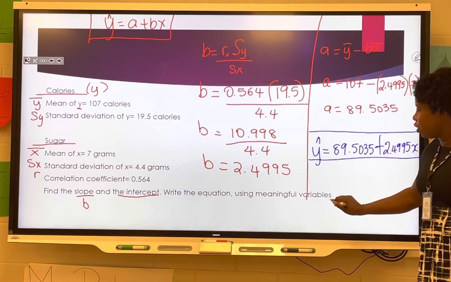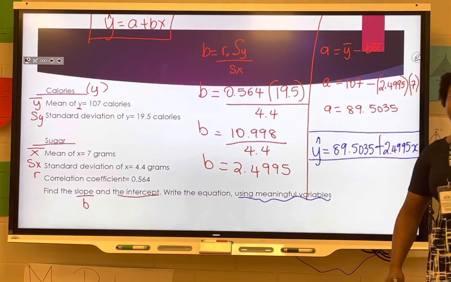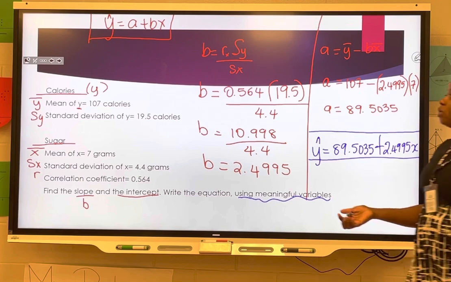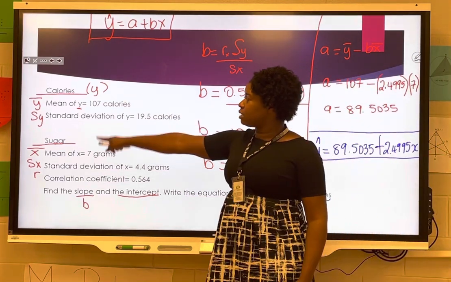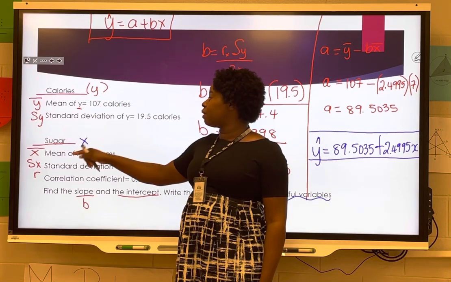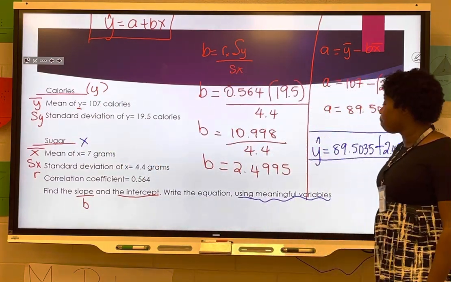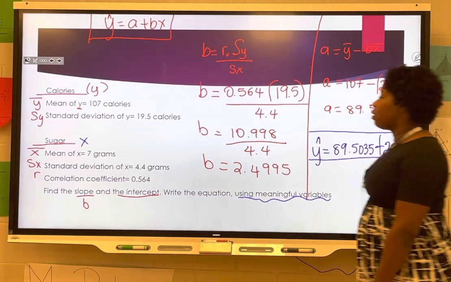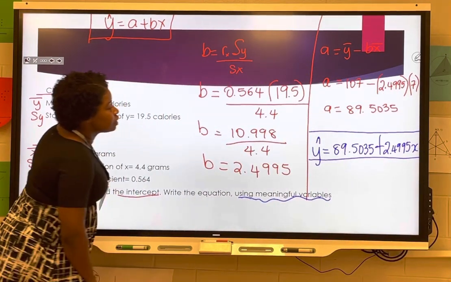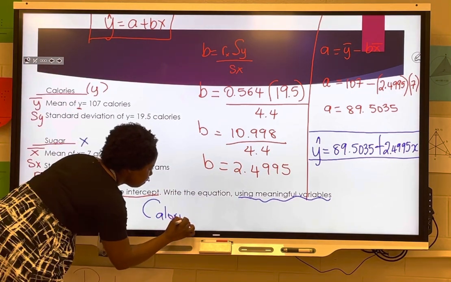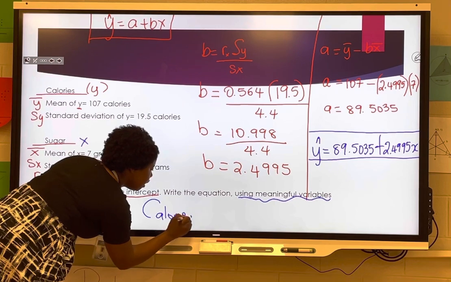Now they want me to use meaningful variables, meaning in real life, what is x, what is y? All you have to do is to go back to the initial stage, they'll tell you what they are. So they're saying that y represents calories and x represents sugar. So all you have to do is to put the values of x and y right there. So let's go. Since y is calories, I'm going to say calories hat. Always spell it right.